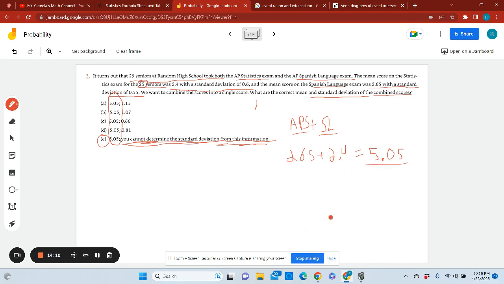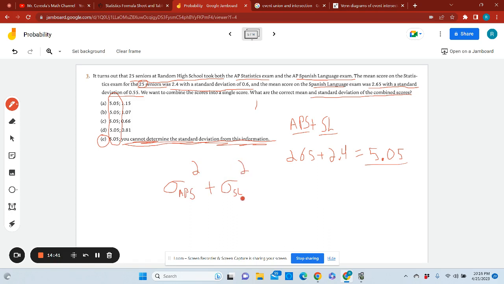Okay. And then if we did know that there was independence, they do give you the standard deviations of the individual data sets. If you're asked to combine a data set and you need to calculate the standard deviation, you take the individual standard deviations. So in this case, the standard deviation from AP Stats, and you square it so that you can add it to the standard deviation for Spanish language.